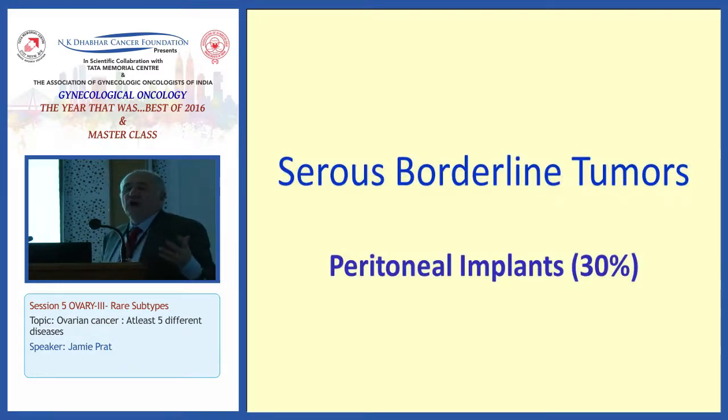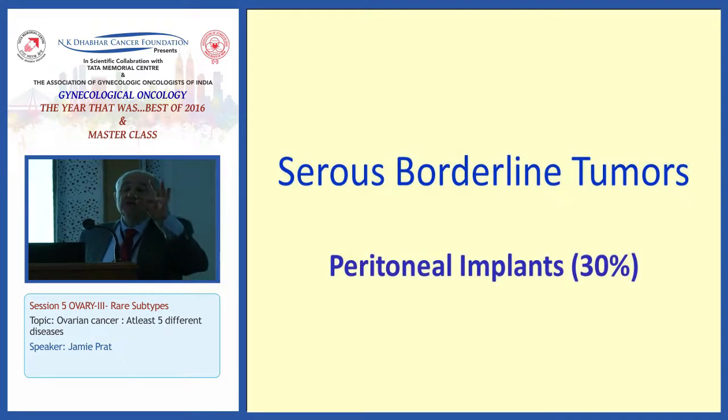Now, why do we call these lesions implants and not metastases? Because they are small, they are superficial, and they are the beginning of the history. High-grade serous carcinoma is peritoneal carcinomatosis, which is a different picture, much worse. Whereas a borderline tumor with peritoneal implants, even invasive implants, is just either microscopic or small macroscopic.